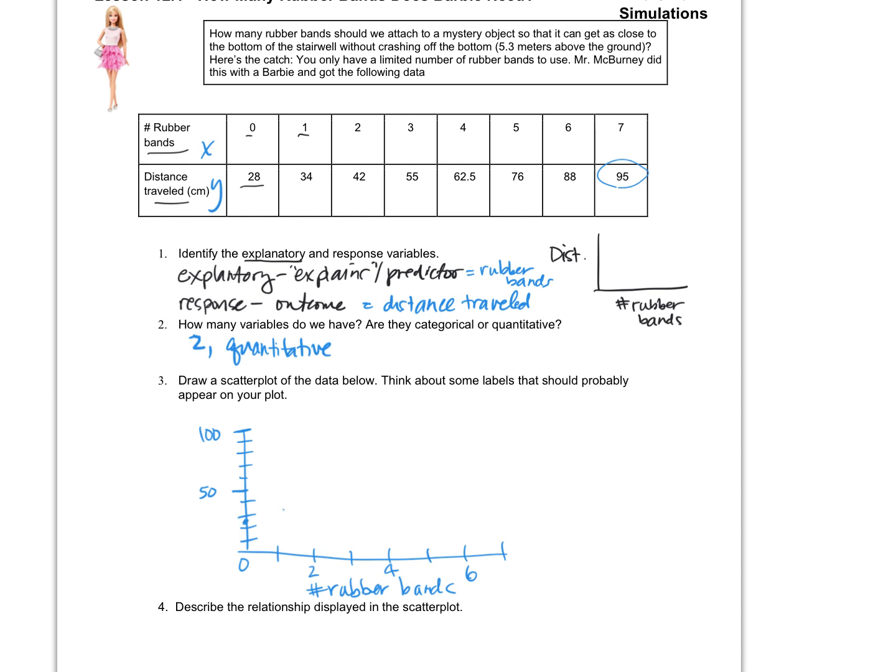1, I'm at 34. 2, I'm at 42. 3 at 56. 62. Oops, that's too high. Okay, there it is.